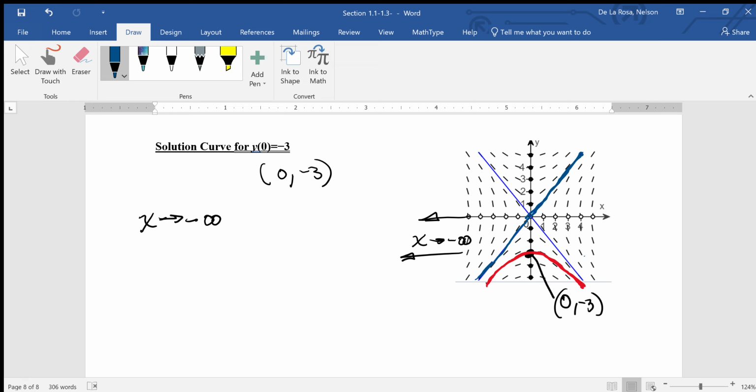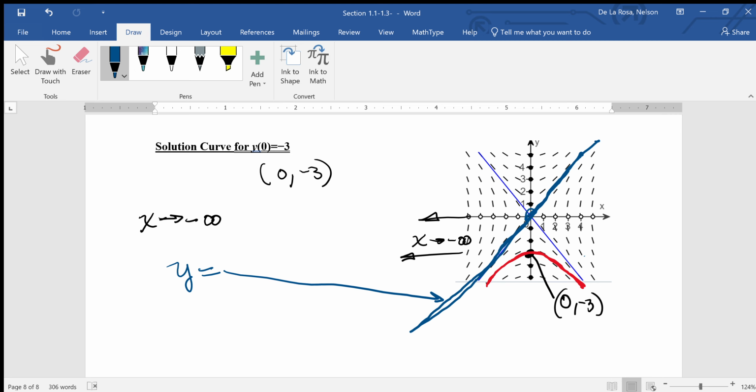Okay, so this function, you can extend it, right? So when x approaches negative infinity, then y is going to approach, what? Y is going to be defined by this line.